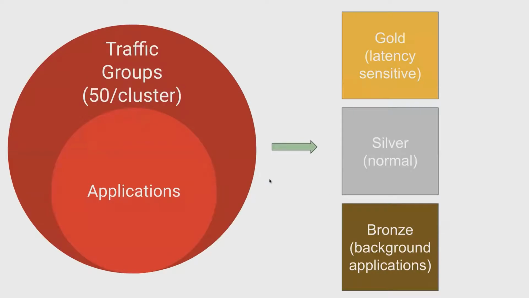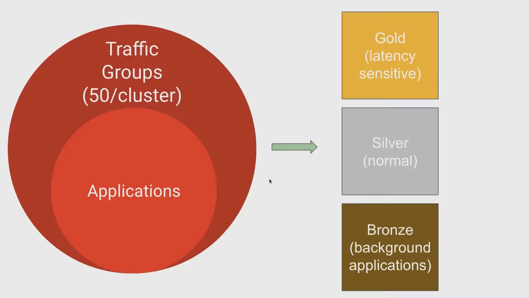There are many applications that will use these storage systems. Ephemeral resources cannot be managed at the granularity of applications, since the number of applications is very large. So to bring down the cardinality of this problem, Tectonic came up with the idea of traffic groups, which are around 50 per cluster.